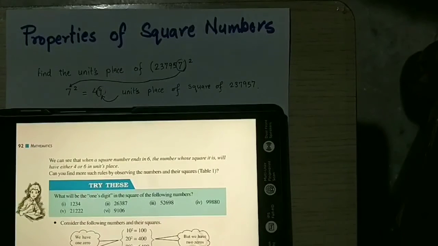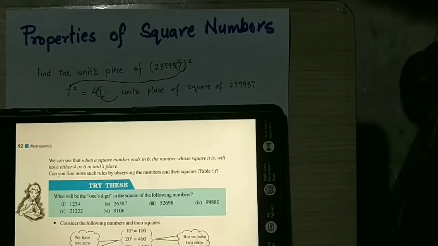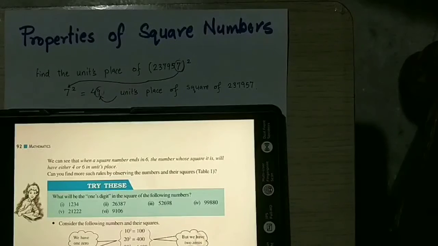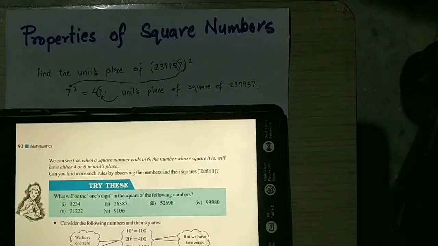Let's try these. The question is, what will be the ones digit in the square of the following numbers? As we know, if a number has ones digit 4 or 6, then its square number will have ones digit 6.